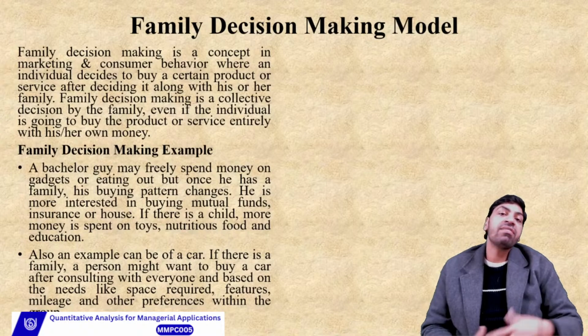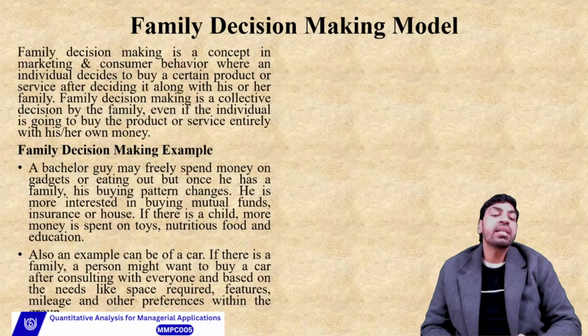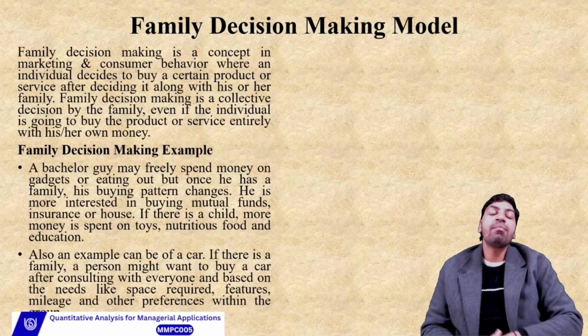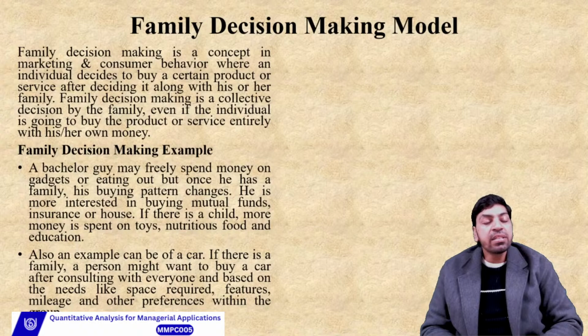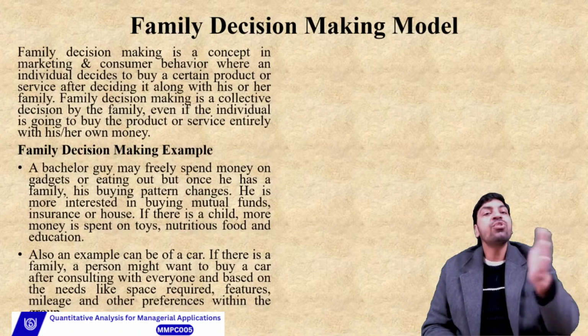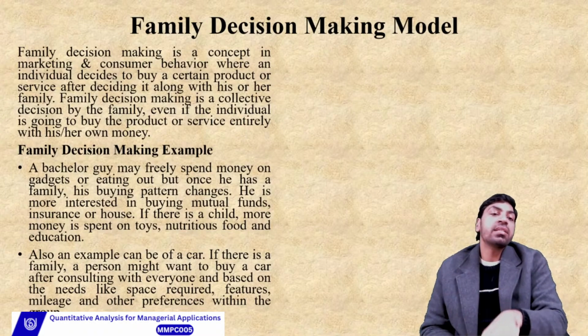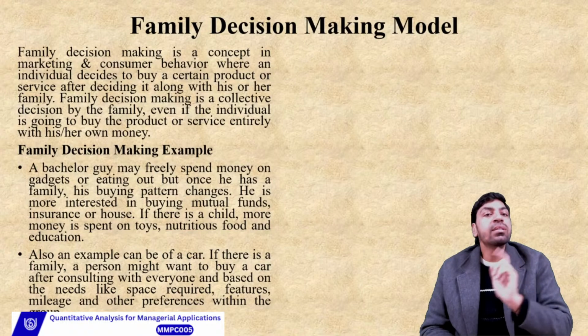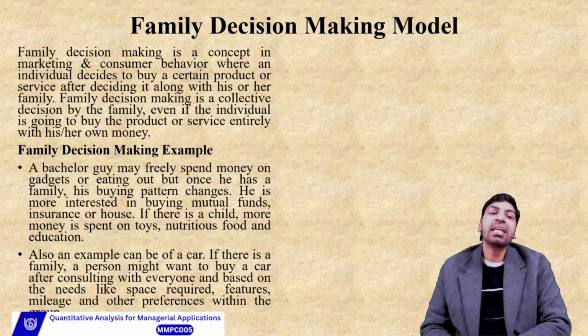So what exactly is the family decision making model? After discussing with family members or close friends, you take a decision to buy a certain product or service. That's called the family decision making model.